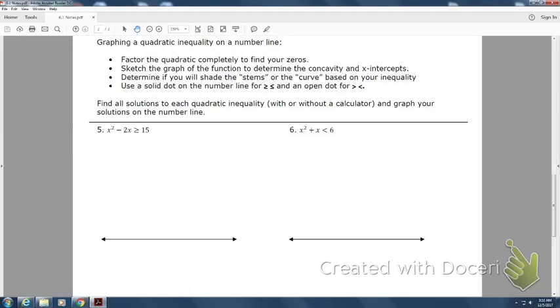So going down really to the fourth bullet, make sure that you do that. It's very similar to the dashed or solid line, but whenever you're on a number line, you're going to use a solid dot if you have the equal to, or you'll have an open dot without the equal to.